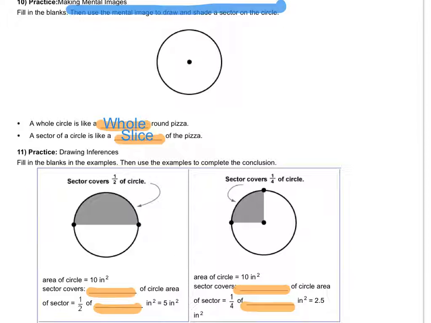If I was to draw this in, and you can't talk about my drawing unless yours is better, this whole thing right here will represent the area of the pizza or the area of a circle. And then the sector would be like about that right there. That could be a sector because it's just a piece. And of course the arc would be the crust.